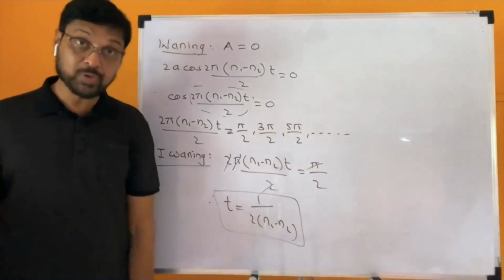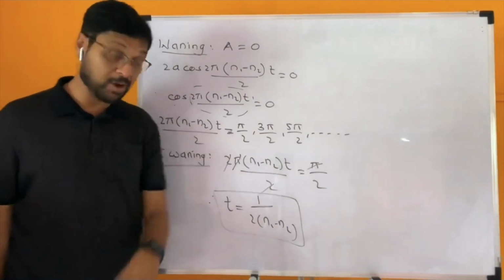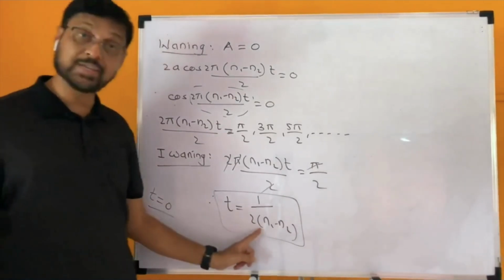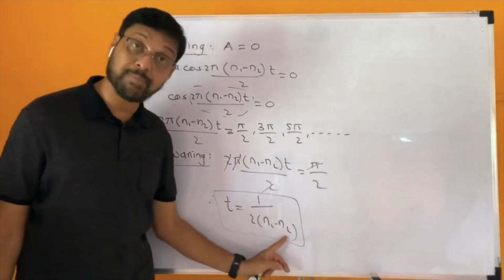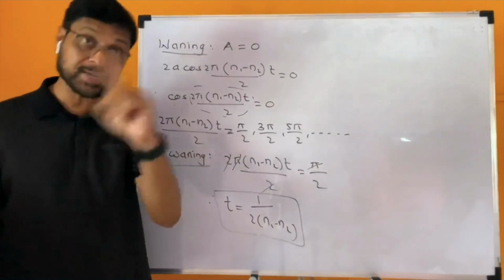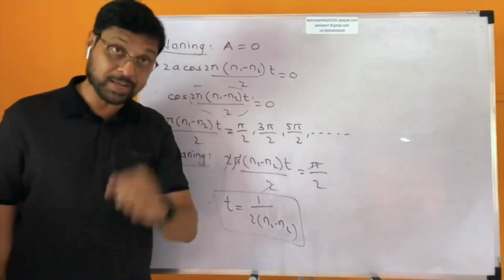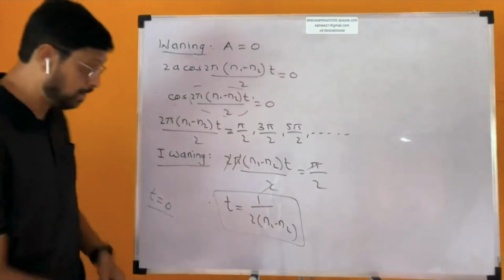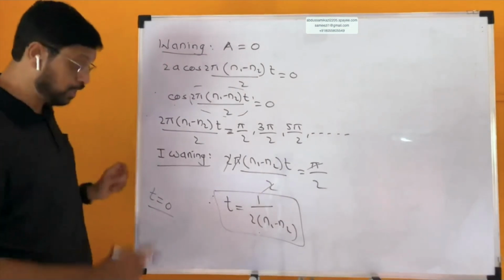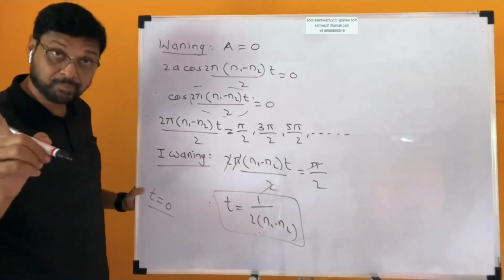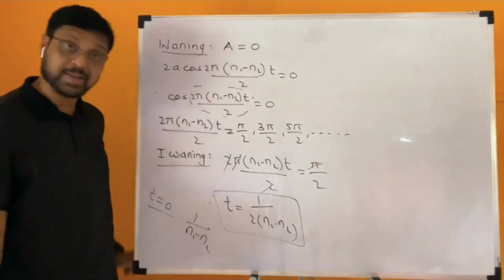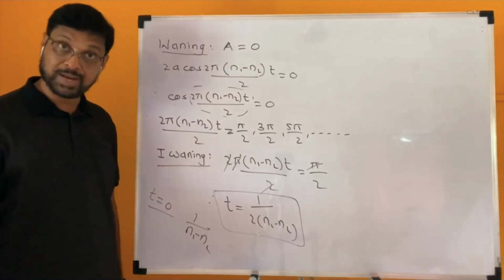First waxing कब हुई थी? First waxing occurred at t equal to 0, and first waning is occurring at t equal to 1/(2(n1 - n2)). Means what is the time interval between first waxing and waning? एक waxing और एक waning के बीच में कितना time interval है? 1/(2(n1 - n2)). Obvious है ना? क्योंकि दो waxings के बीच टाइम इंटरवल कितना है? 1/(n1 - n2).